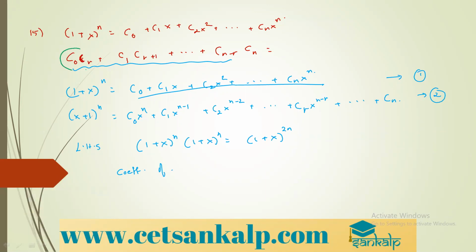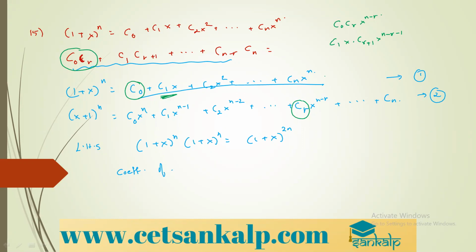So if you multiply C0 and Cr, C0 Cr x power n minus r. Similarly, if you multiply C1x and Cr plus 1 x power n minus r minus 1, what are you getting? The coefficient of x power n minus r only.